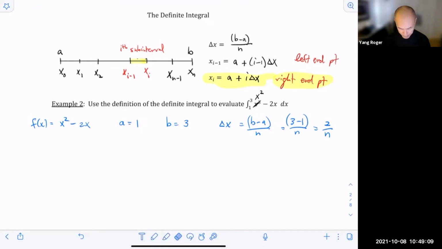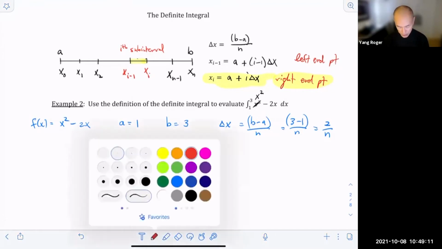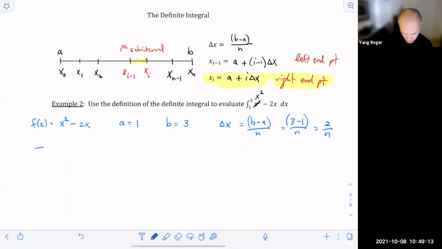We are trying to construct our Riemann sum, and we're going to go from 1 to n. We have f of xi star times delta x. And then we know what our f is.